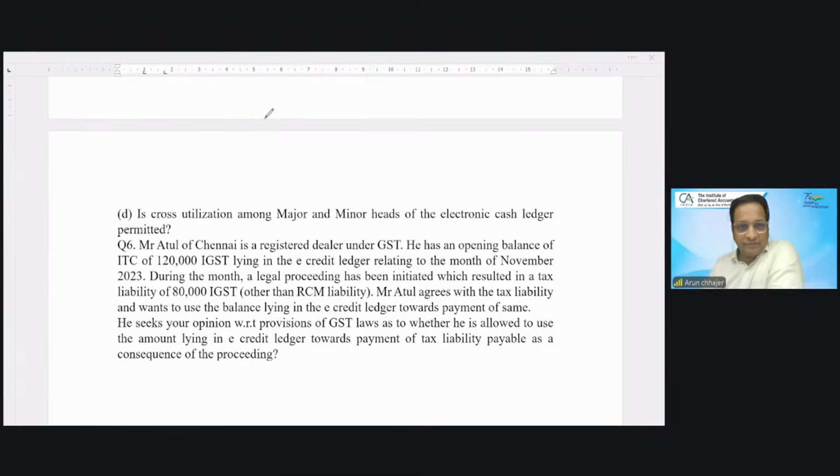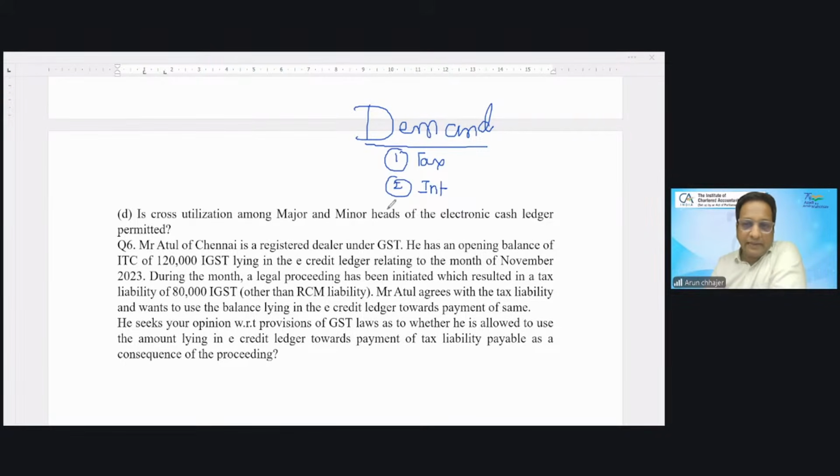Abhimanyu, are you there? So, demand is a broader term. Demand can be for the tax, can be for the interest, and can be for the penalty.